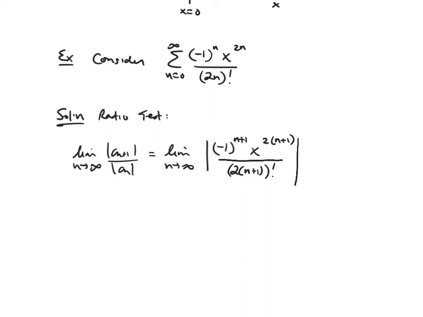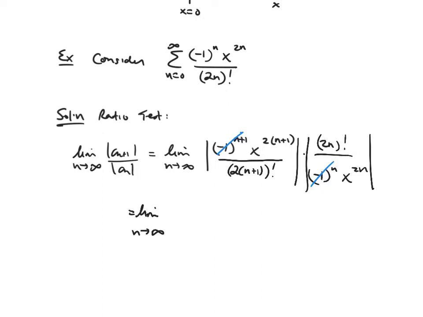All right, so there's the first expression. Then I'm going to multiply by the reciprocal, giving me (2n) factorial, (-1)^n, x^(2n), with absolute value around all that. Since those signs are inside the absolute value, I don't need to keep track of them. -1 or 1 in absolute value is always equal to 1, so I'm going to get rid of those two things.